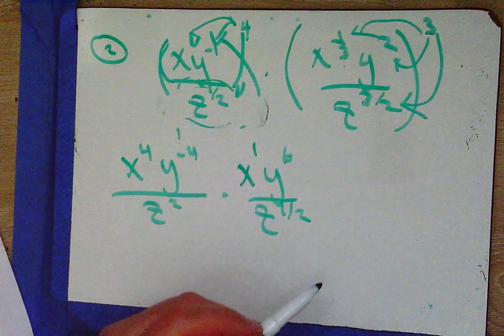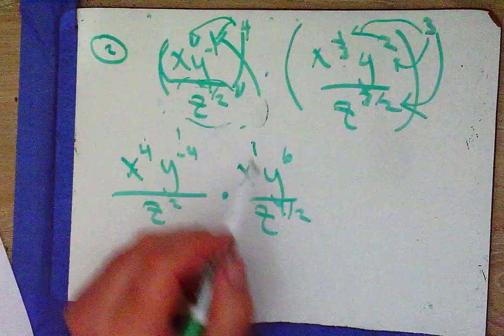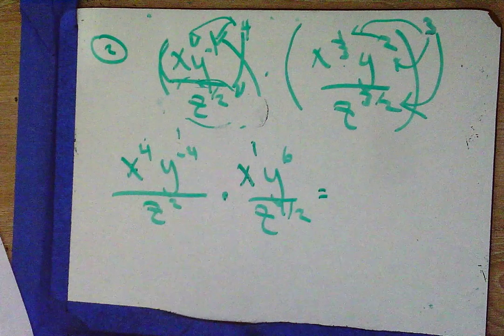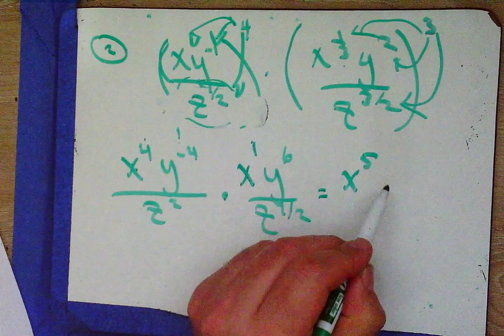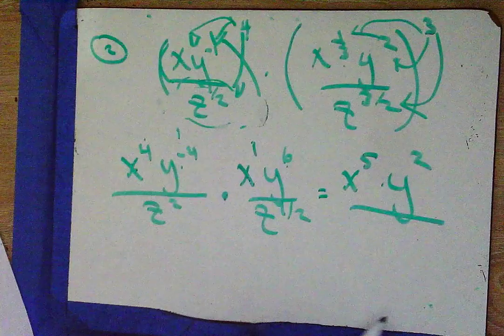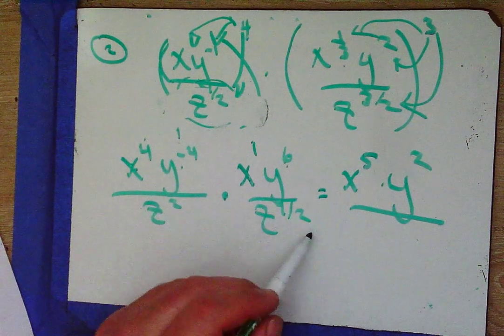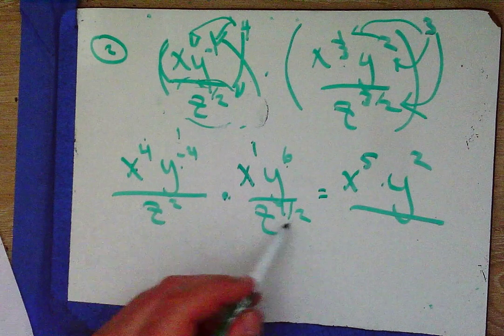Okay, so we're multiplying. The bases are the same. What can I do with these exponents? That's right. When we're multiplying and the bases are the same, we add the exponents. So this is going to now be x to the fifth. Negative 4 plus 6 is positive 2. And now I've got z to the second times z to the 7/2. And because I'm multiplying and the bases are the same, I'm supposed to add them.